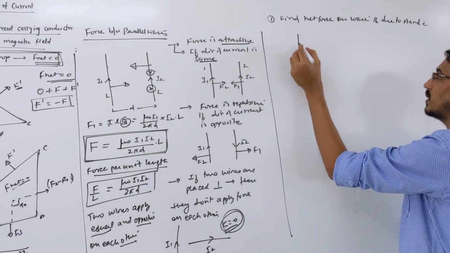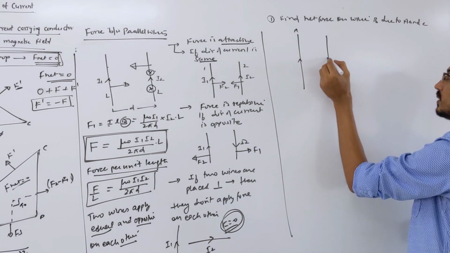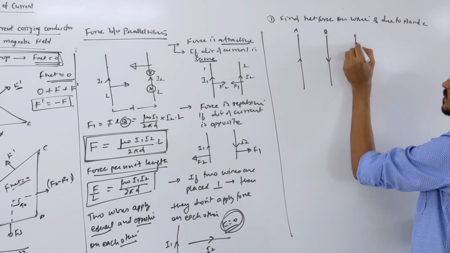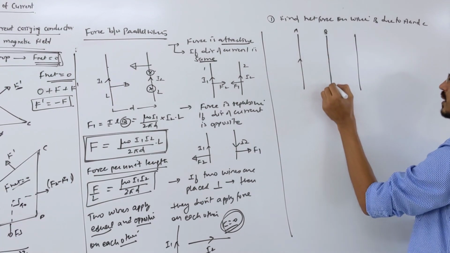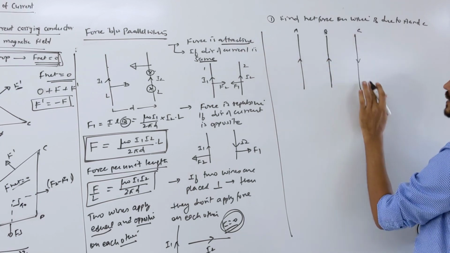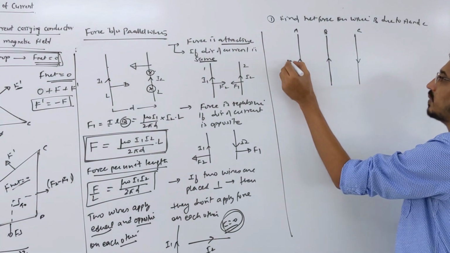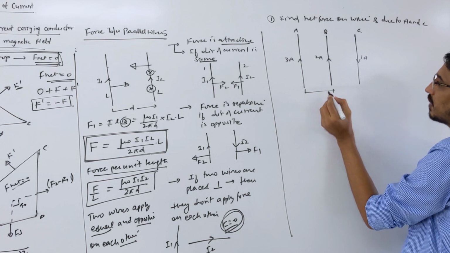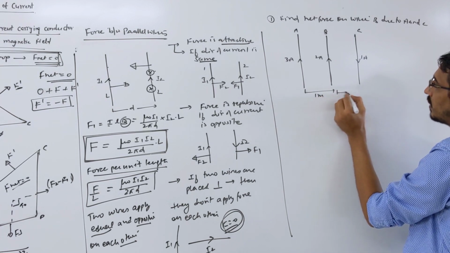Suppose this is a wire A and this is a wire B. And now let me draw some direction like this one. This is a wire C. So what happens? Some currents will be given, 3 ampere, 2 ampere, 1 ampere, and distances will be given here, say 1 meter.